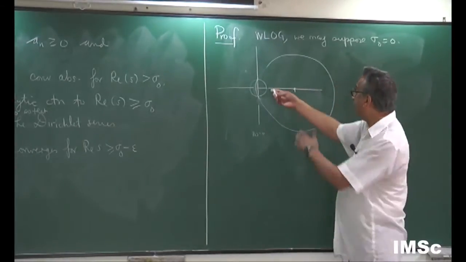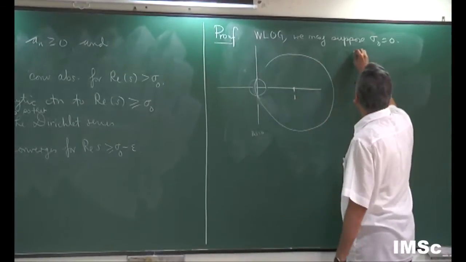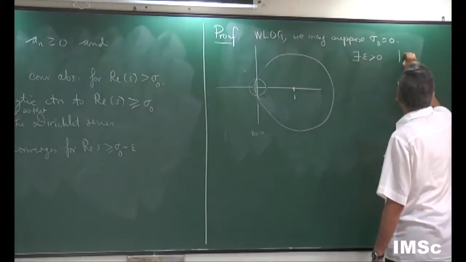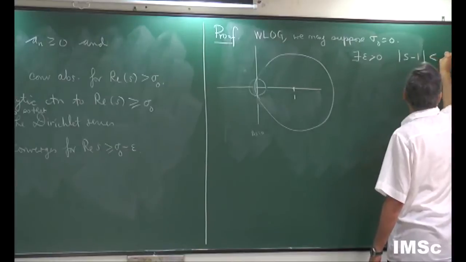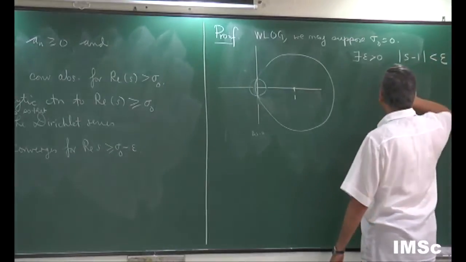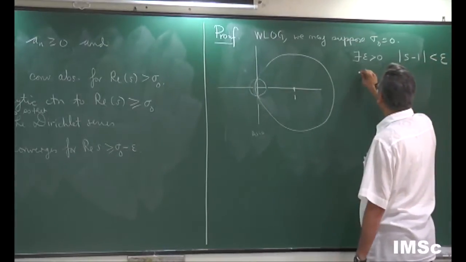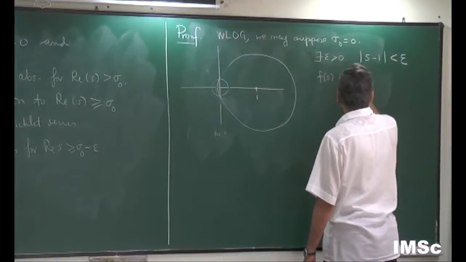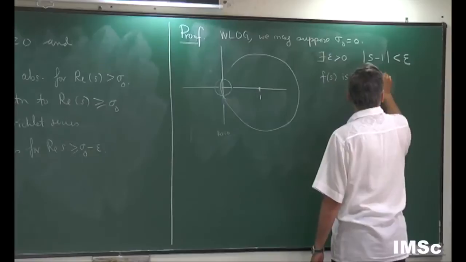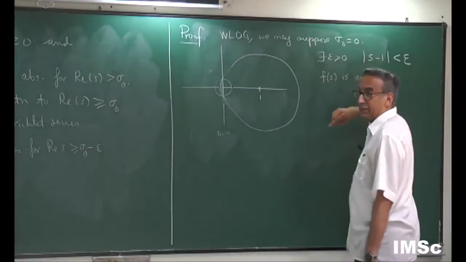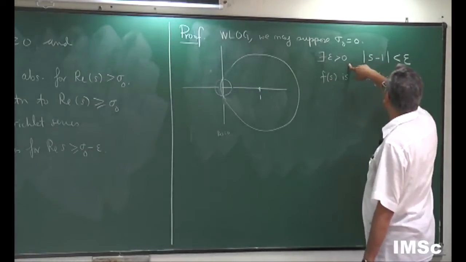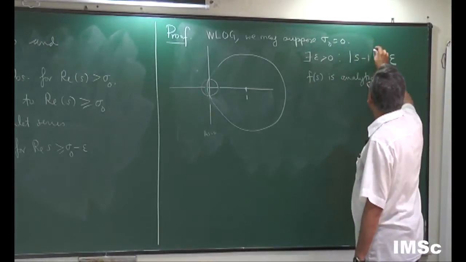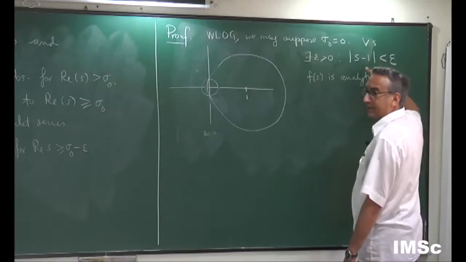Okay, so now I know that in this region, firstly there exists an epsilon positive such that f of s is analytic in this region.